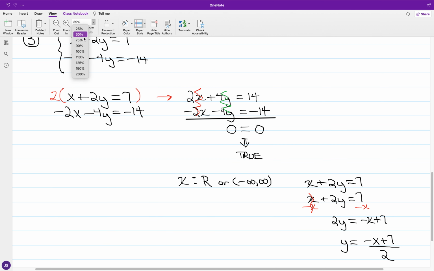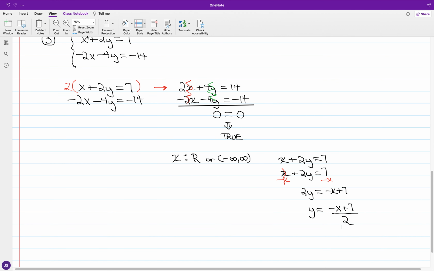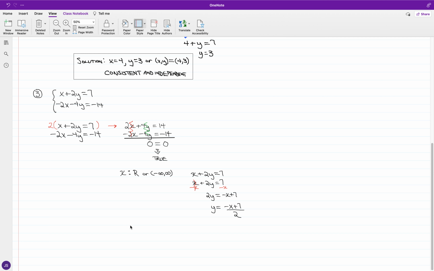So in the case of the solution, you have for x the set of all real numbers.